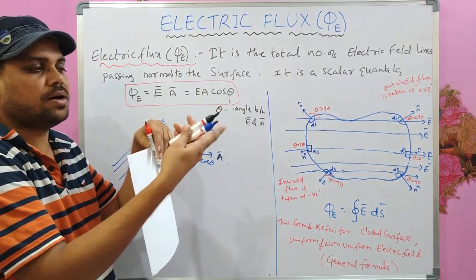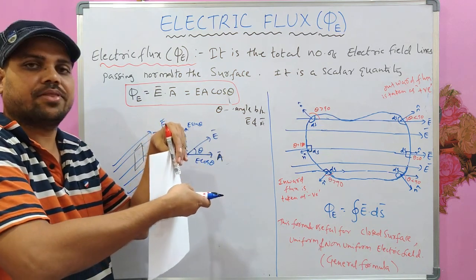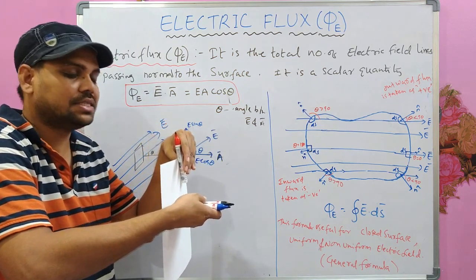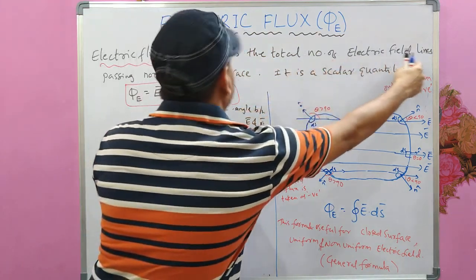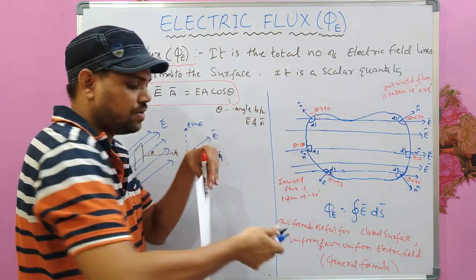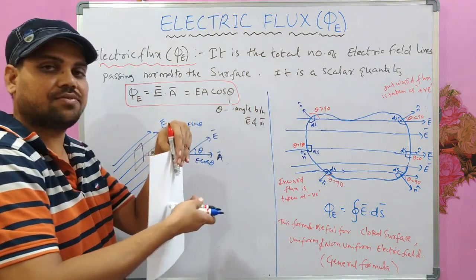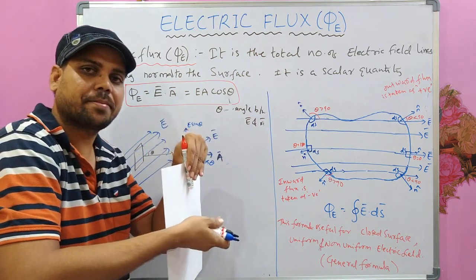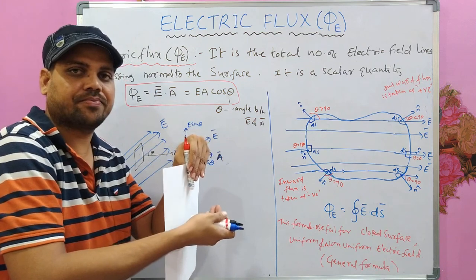See, if this blue marker is area vector and this black marker is E cos theta, E cos theta is perpendicular to the plane. Electric field lines pass normal to the surface. E cos theta is normal to the surface, not E sin theta.